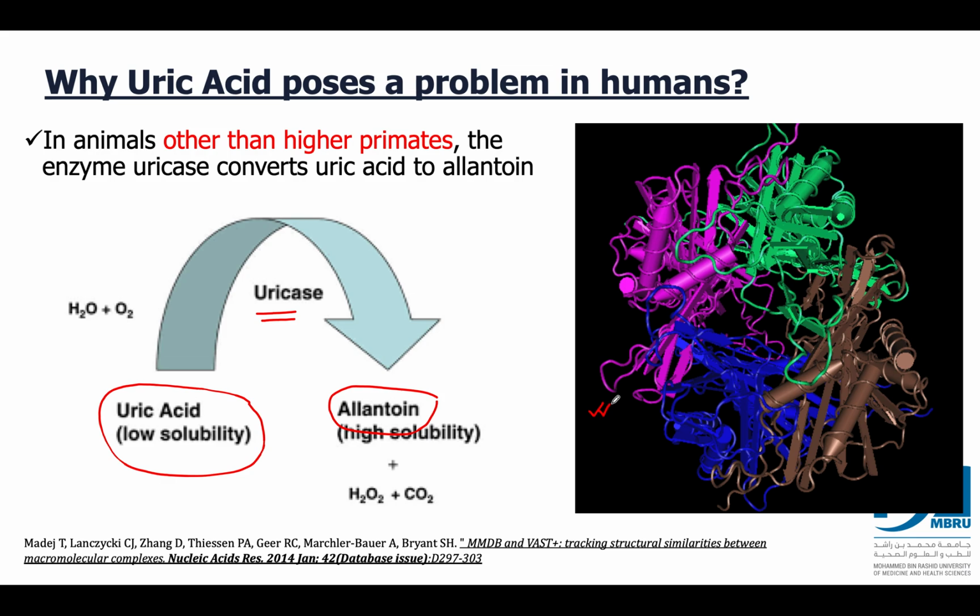Why it is important, we will quickly talk about in slide deck 2, but this particular enzyme converts uric acid to a metabolite known as allantoin, and this allantoin has high solubility. However, this particular enzyme is not present in humans, and therefore uric acid, if not eliminated at lower temperatures, crystallizes, leading to gout-like symptoms.